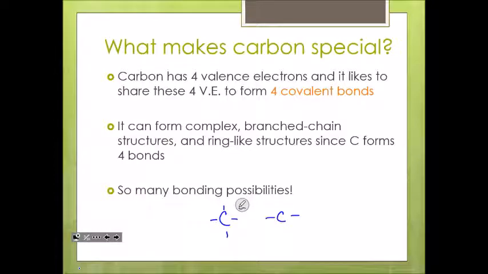It can do 2 singles and a double. It can do 2 doubles, and it can do a triple and a single. So with all these different arrangements, it can form different branches and super long chains. It's very cool because of those 4 different ways of bonding. So many different molecules could be built.